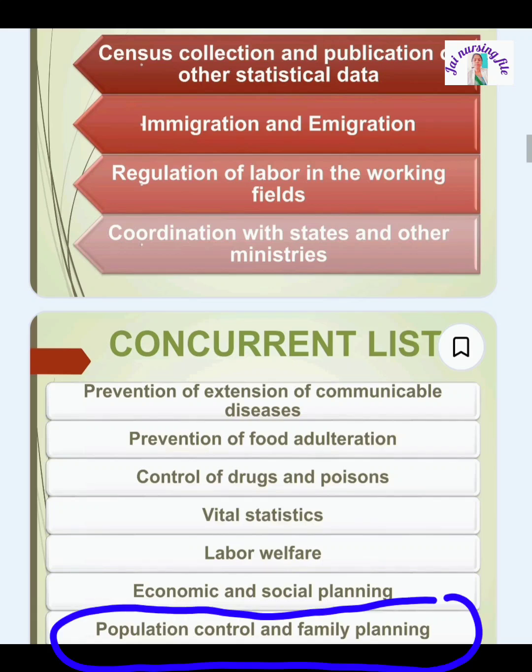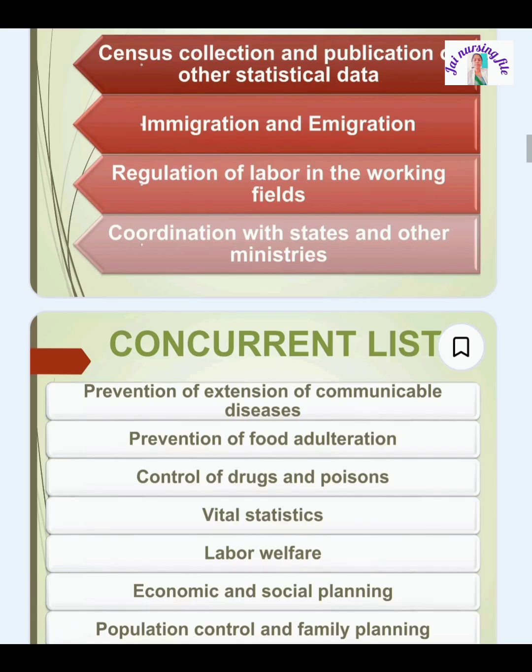So these are the main functions of the concurrent list. So prevention of communicable disease, food adulteration, control of drugs, vital statistics, labor welfare, economic and social planning, population control and family planning.